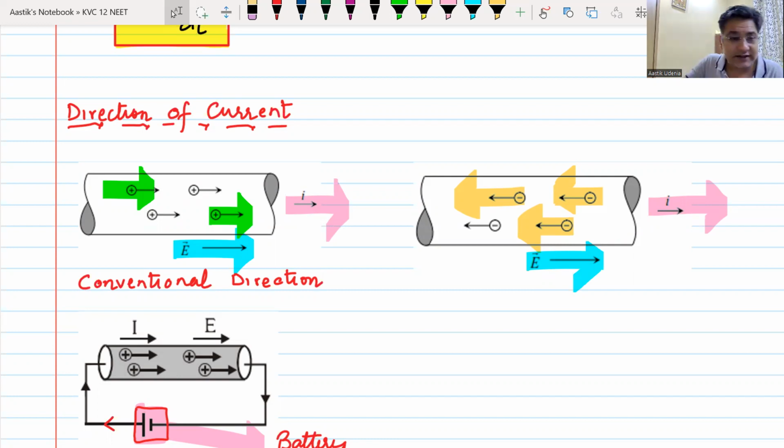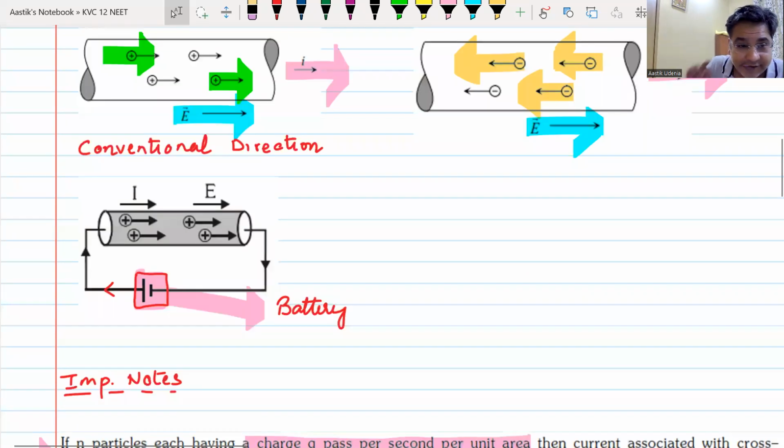Direction of current is taken as what? Along the direction of electric field. Write it.